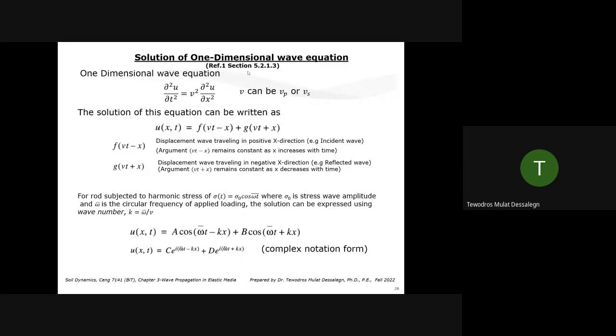And the solution of one-dimensional wave propagation, this is the second order partial differential equation. V can be primary wave or secondary wave, compression wave or shear wave. The solution of this equation, from advanced math, has a form of this. And this is telling us that at the same instant of time, you can have two waves, the incident wave and the reflected wave.